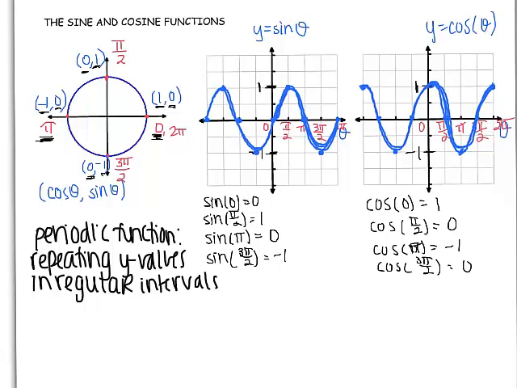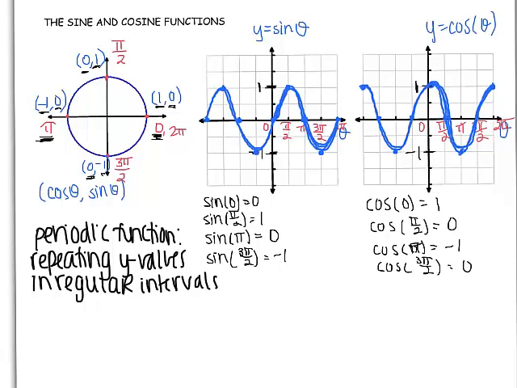Now, they happen in a very specific amount of time. In each of these cycles, they start to repeat every 2 pi radians. That should make sense, because as you go around the circle once, you are going around 2 pi radians. And as you go around again, the cycle repeats. And again, the cycle repeats.